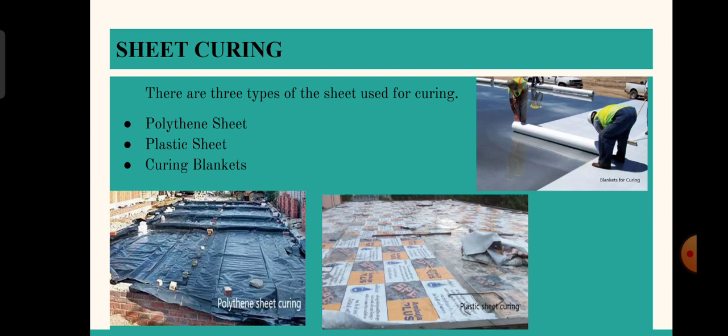One more sheet curing technique is curing blankets, which are used as protection for newly placed concrete. It does the same thing as the other types of sheet, so there is nil evaporation of moisture from the concrete surface. So this is all about the sheet curing method.